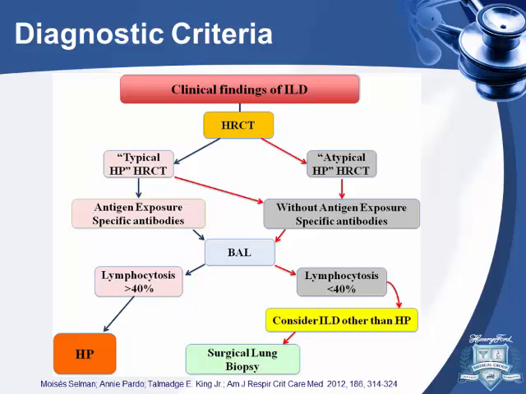Studies have shown that even in patients where HP is clinically high on the differential, on a wedge biopsy you may only see all four features in about 70% of the cases.